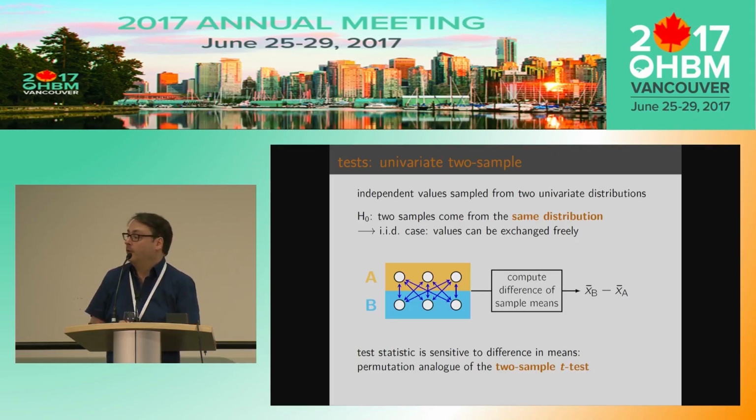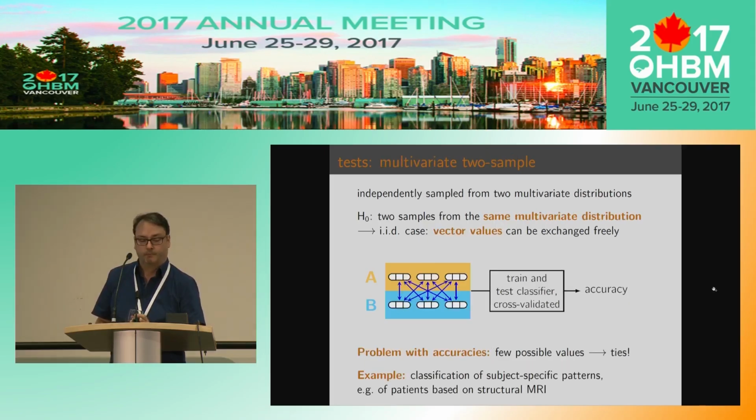You can exchange every value in group A with every other value in group B. What you do is you generate the permutations that come out of these exchanges. For each permutation, you compute the difference of sample means and use this as a test statistic. And what you get is a permutation analog of the two-sample t-test. In fact, the results will often be very similar to the parametric test.